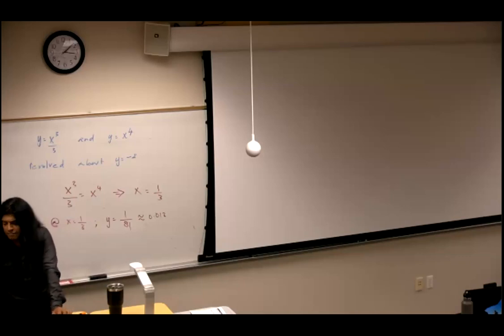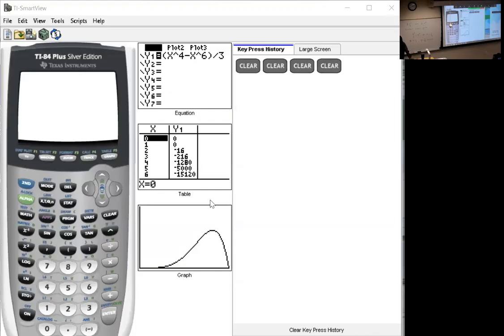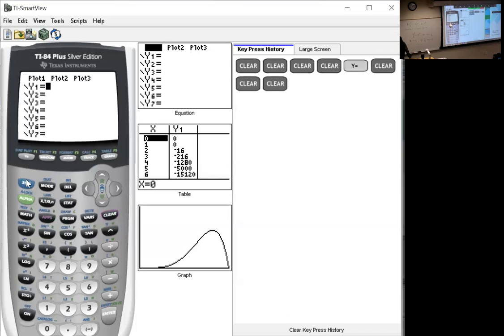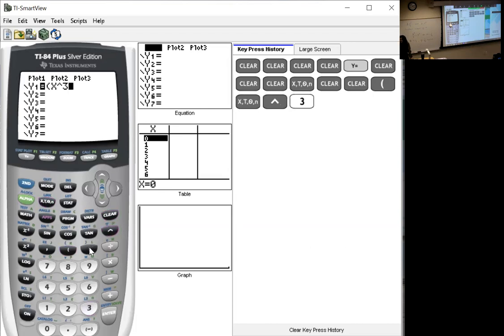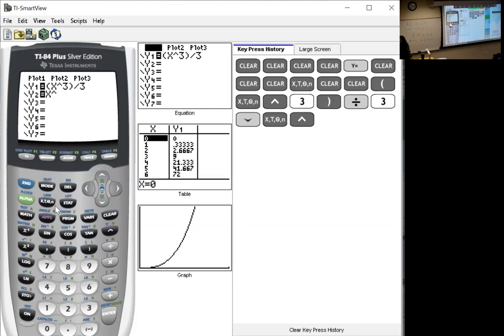The other would be x raised to the 4th. X raised to the 3rd, well, I like parentheses, so (x raised to the 3rd) divided by 3, and the other curve is x raised to the 4th.